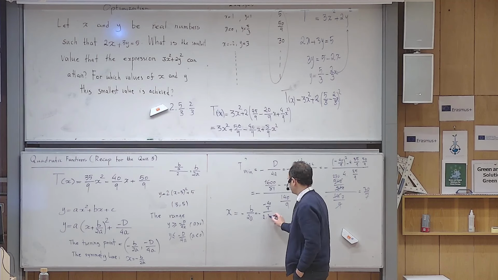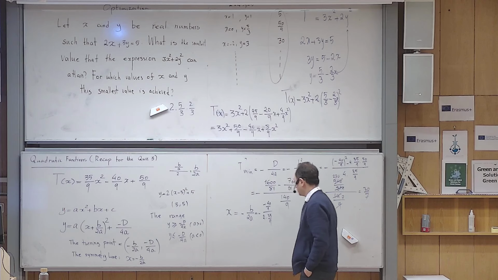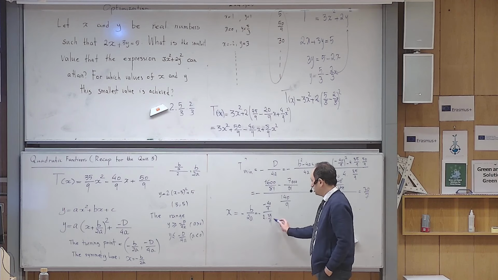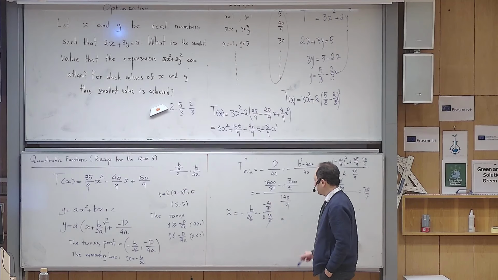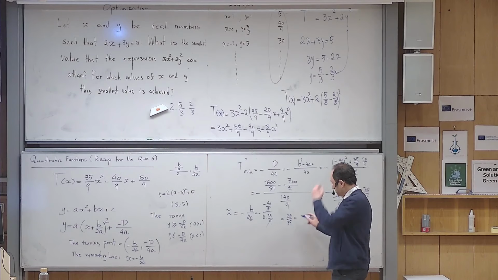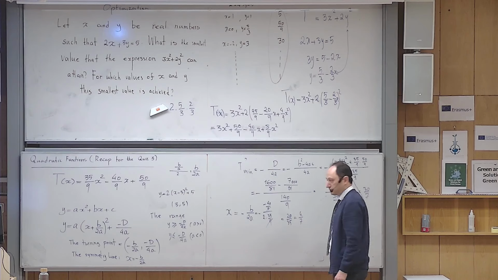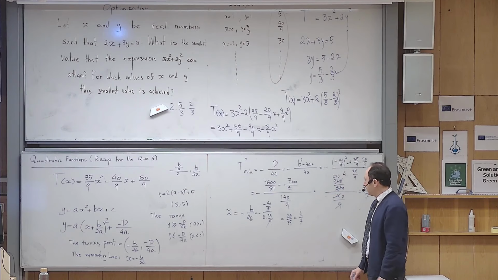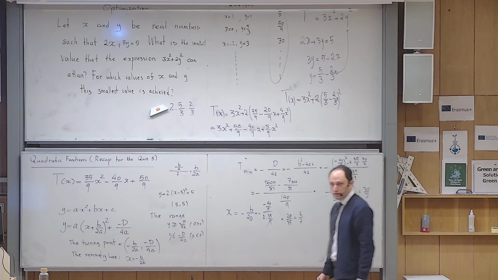So 2 times 35 over 9. This is not that ugly because this one and that one are gone. Minus minus becomes plus. 2 and 40 can be simplified. 20 over 35. But can I simplify more? Yes. 4 over 7. So x should be 4 over 7.